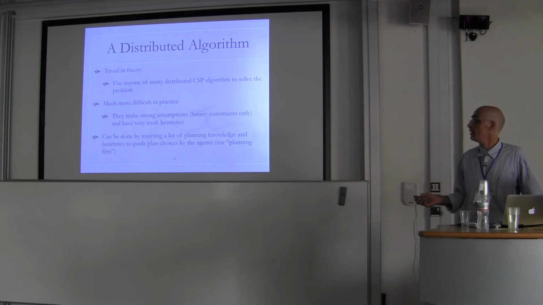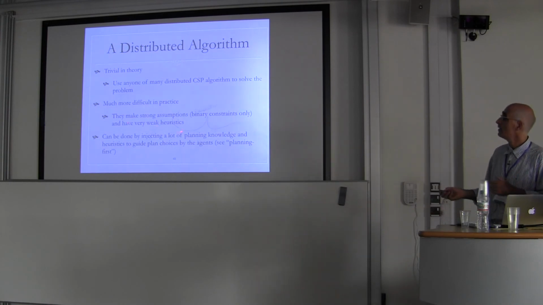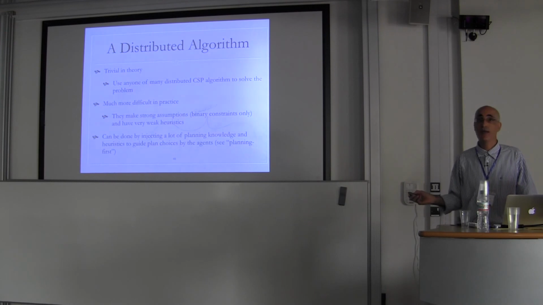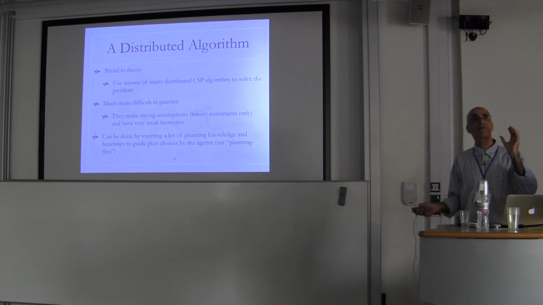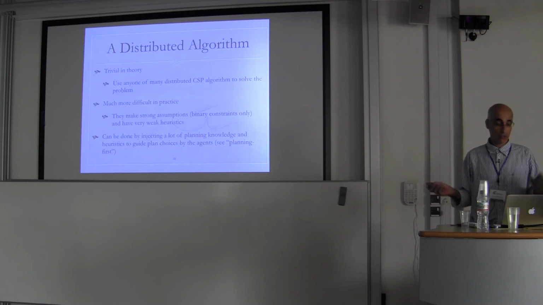The heuristics are very weak for this domain. They don't have special heuristics, maybe Chris will correct me, that are useful for these domains. So what you can actually do is take this idea, introduce some ideas from planning and planning heuristics, and make this into a reasonable approach.